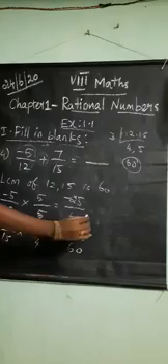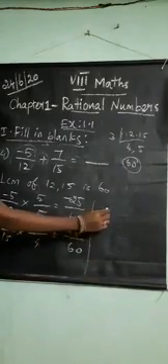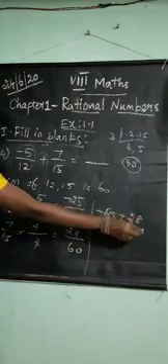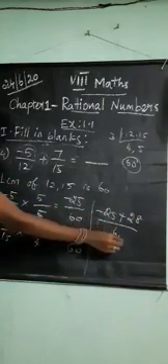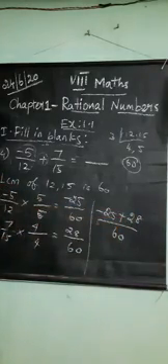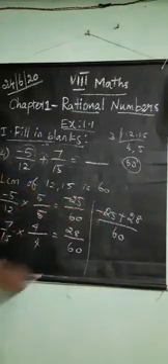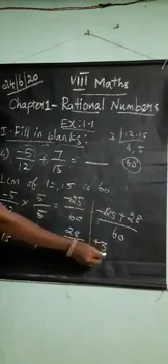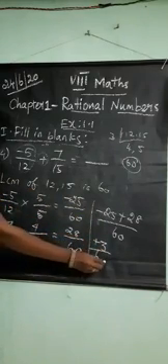So write minus 25 plus 28 divided by 60. Now see, the two numbers have different signs, so we subtract the numbers and put the sign of the greatest number. 28 minus 25 is 3. The greatest number's sign is plus. Divided by the denominator 60.